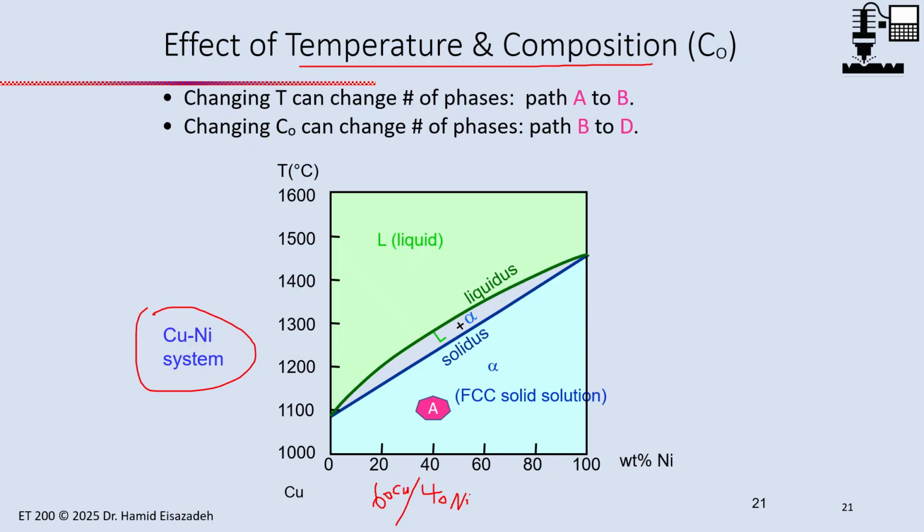So the sum of these two numbers has to be 100%. When you are at this point, what phase do you have? You have only phase alpha. Alpha is a solid material, FCC. When you mix copper and nickel, you get an FCC structure.